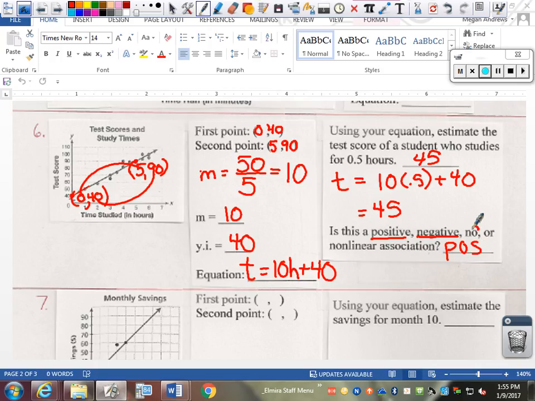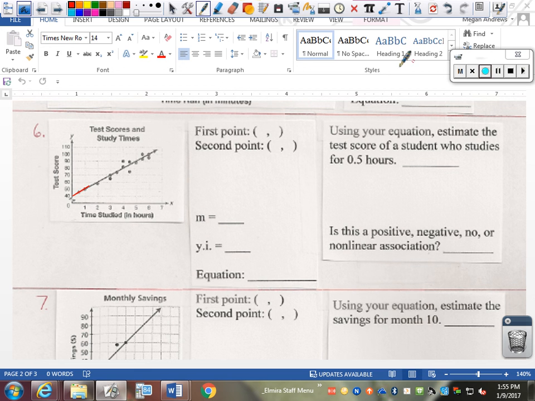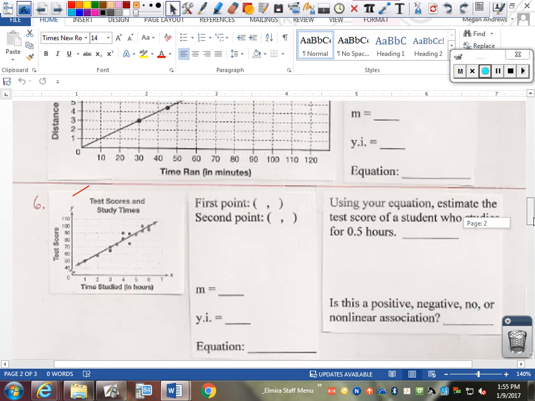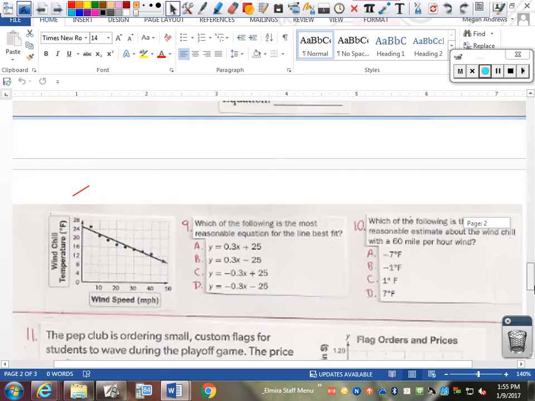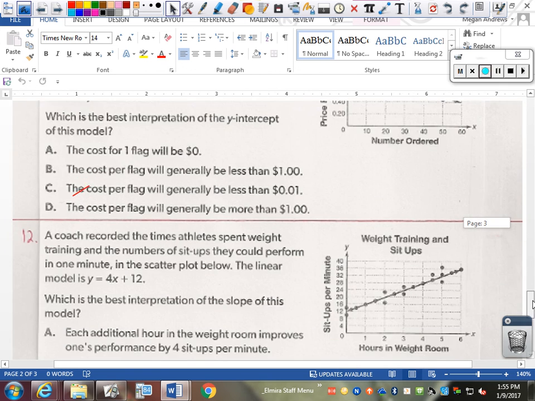But if there's no association or a nonlinear association, we can't do any of the rest of these things. So let's look at the rest of the assignment here. Okay.